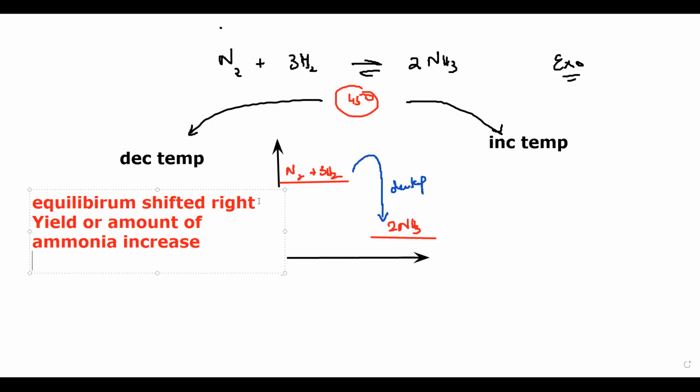But what will be the result on the rate? Temperature and rate are directly proportional, so the rate of the reaction will decrease, and the reaction will slow down. If we increase the temperature, if we supply energy, the products will absorb energy and start to form back the reactants. So the equilibrium will shift towards the left hand side.